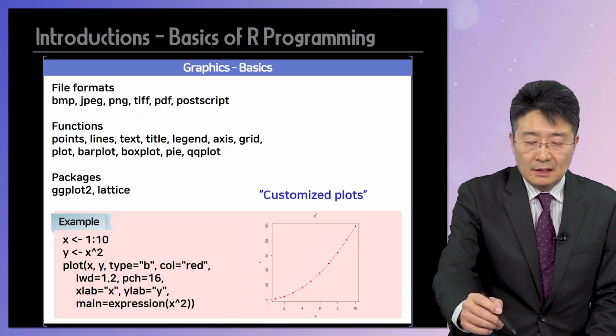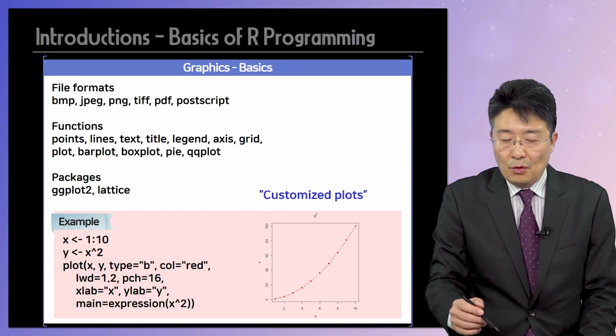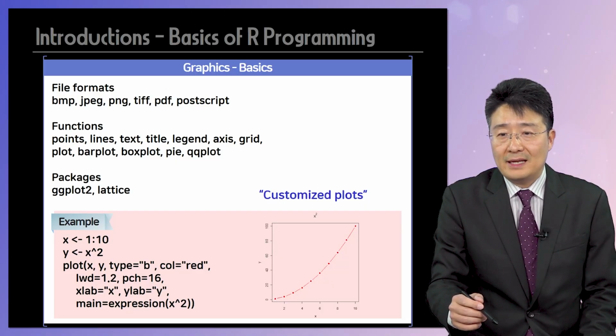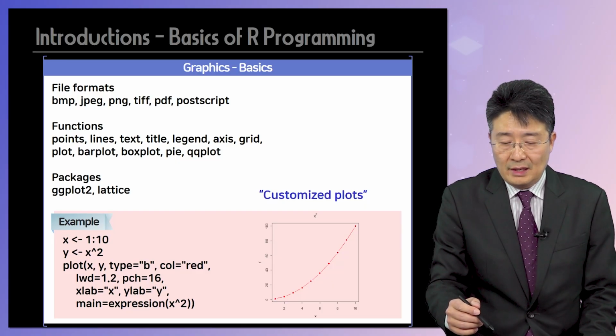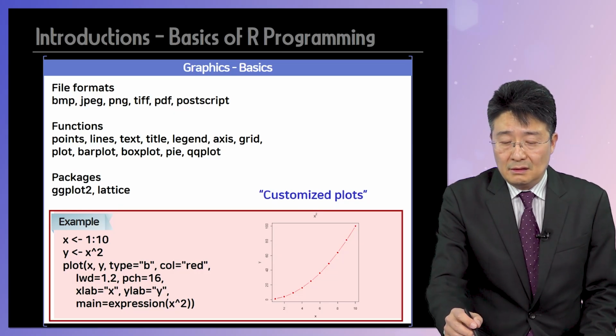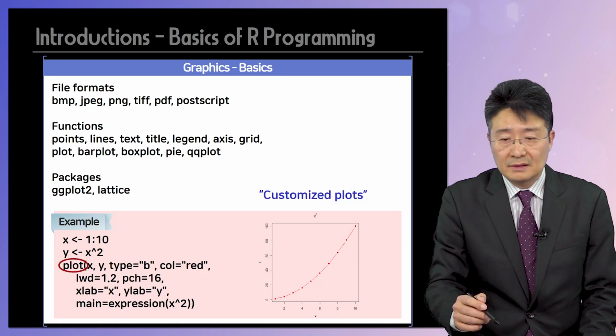Next, this is the graphics. Most of all, I would like to point out that we can customize the plots in R. There is one example in here. We can define the data vector and use this plot function.